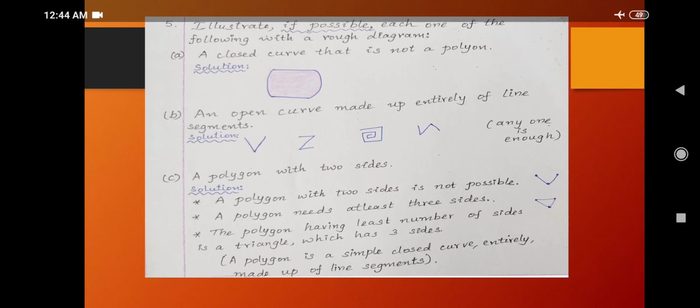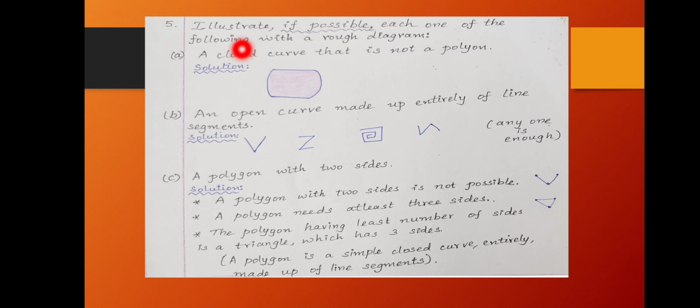In the question itself, if possible, illustrate, which means explain with a diagram or a picture. Next, a polygon needs at least three sides. See, I have written it is not possible, but we have to give the reason. A polygon needs at least three sides. The polygon having the least number of sides is a triangle because it has only three sides.